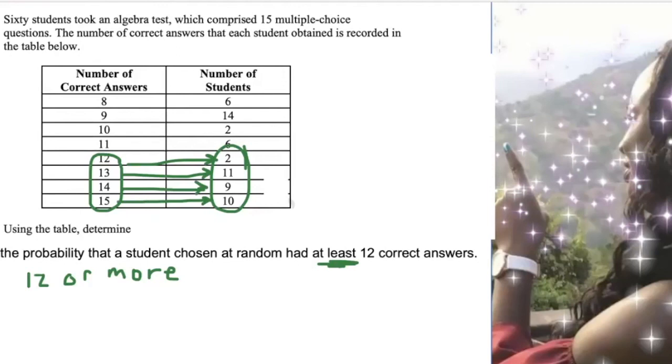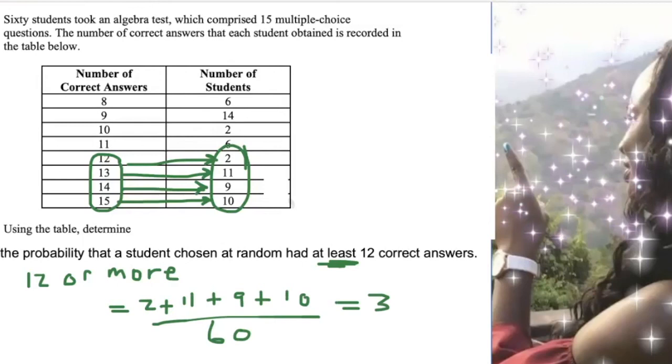So that means the final probability that a student at random has at least 12 correct answers, we'll have to find the total, which is adding 2 plus 11 plus 9 plus 10 all over 60. So adding the numerator, I will have 32 over 60, and this reduced to be 8 over 15.